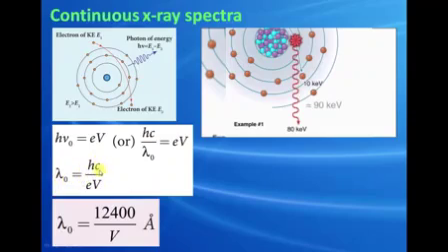Substituting the known values, h is Planck's constant, c is the speed of light, and e is the charge of the electron, we get lambda naught equal to 12,400 divided by V, in Angstrom. So lambda naught depends only on the accelerating potential. It is the same for all target materials.